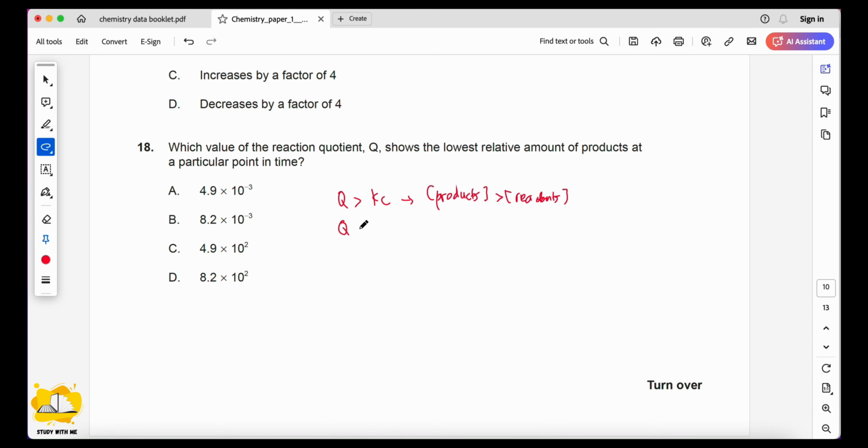And if Q is smaller than Kc, the concentration of reactants is bigger than the concentration of products. Therefore, there is a low amount of product. The value of the quotient should be very small to have the lowest relative amount of product. Therefore, the answer will be A.